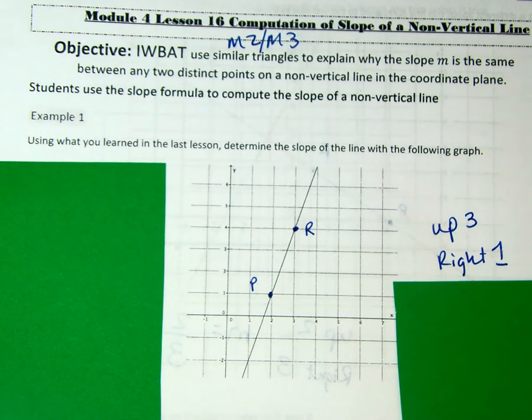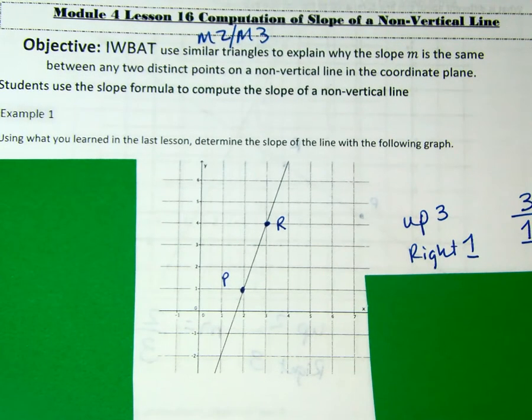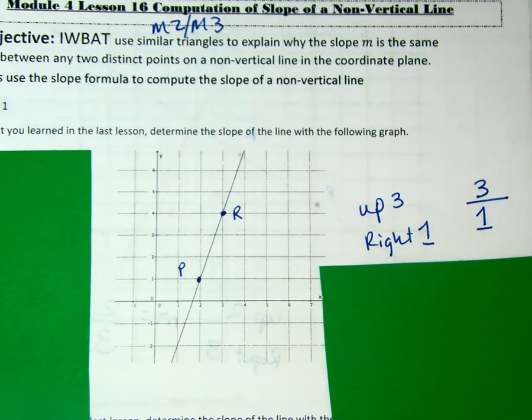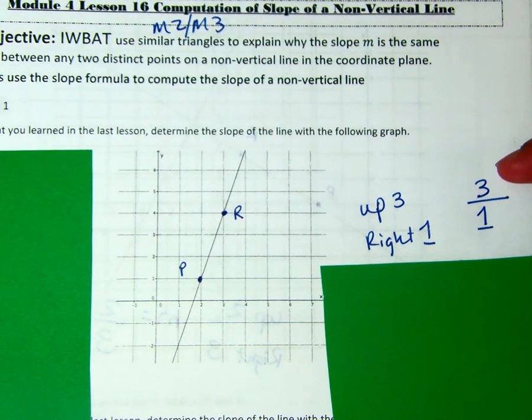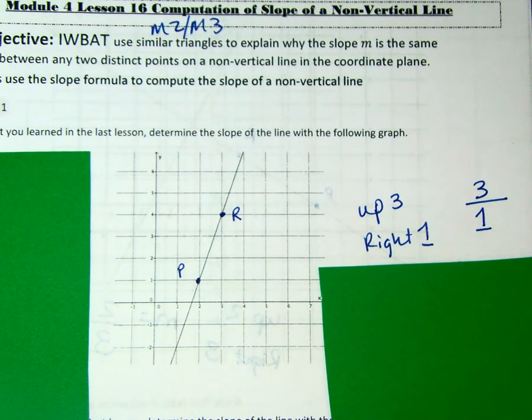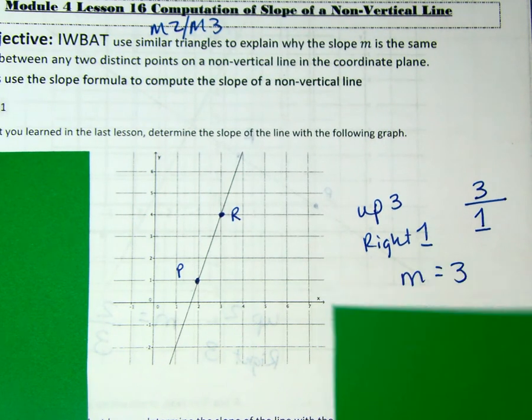I want to move up 3 and to the right 1. Remember in the previous lesson, I wrote my up or down in my numerator, and my left or right in my denominator, because we want to express our directions as a ratio. If I can simplify that number, I'm going to simplify it. 3 divided by 1 simplifies to 3. Therefore, my slope is 3.